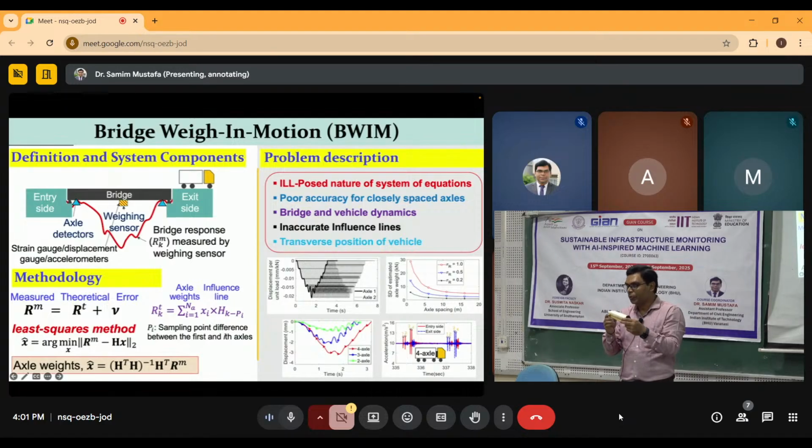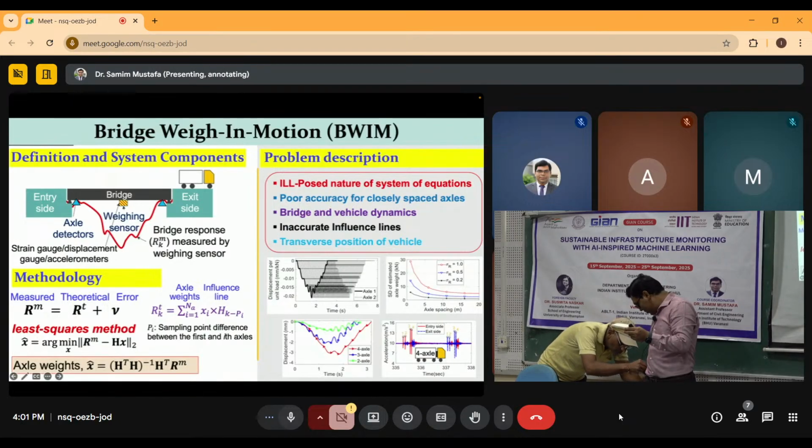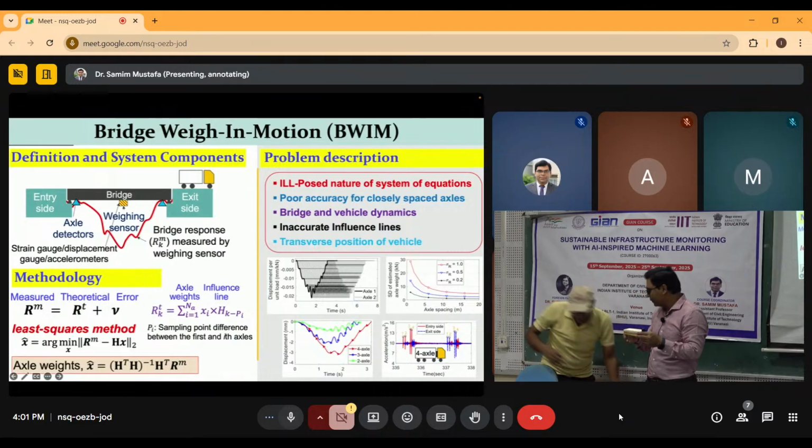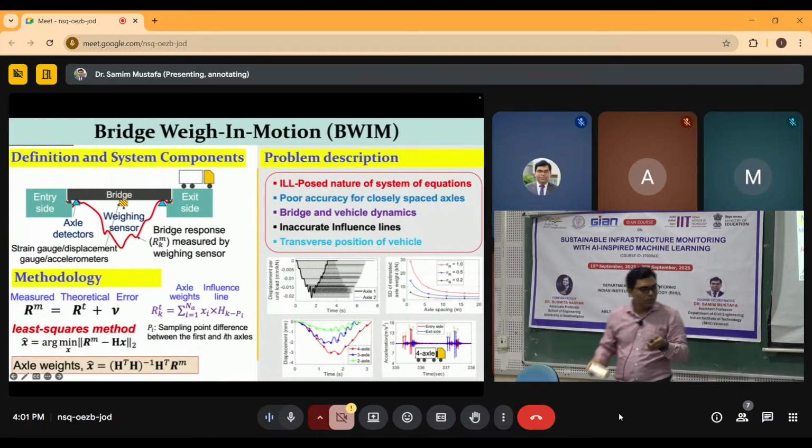So what you need to do? You may place more sensors here, here, here, so then you can take that into account. You can place many sensors across the transverse direction, then integrate information from all of these sensors to have a robust measurement.